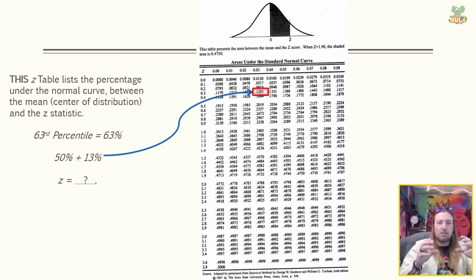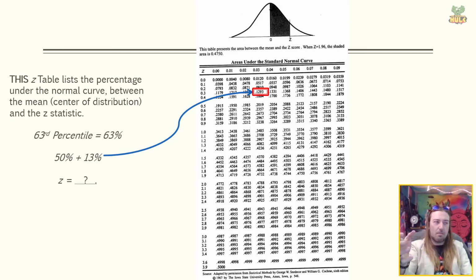Okay, we have to find the z-score corresponding to 13%. So we do that fairly easily, right? We have to scan through the table a little bit, try and find the one that is closest to that value. You'll notice in this case there's a z-score that corresponds to 0.1293, and another one next to it that corresponds to 0.1331. One of them is slightly below 13%. The other one would be slightly above 13%.